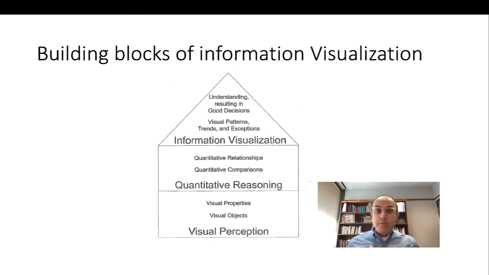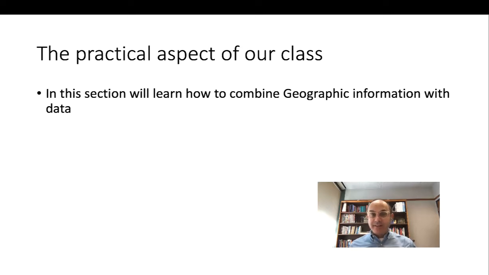So building blocks of information in visualization is something that we often talk about. We are understanding of the result in order for us to display the result that will be transparent to what we have found in the data and in our analysis. And again, this is part of the aspect of the class. So this was a little bit of a theoretical aspect of the class.